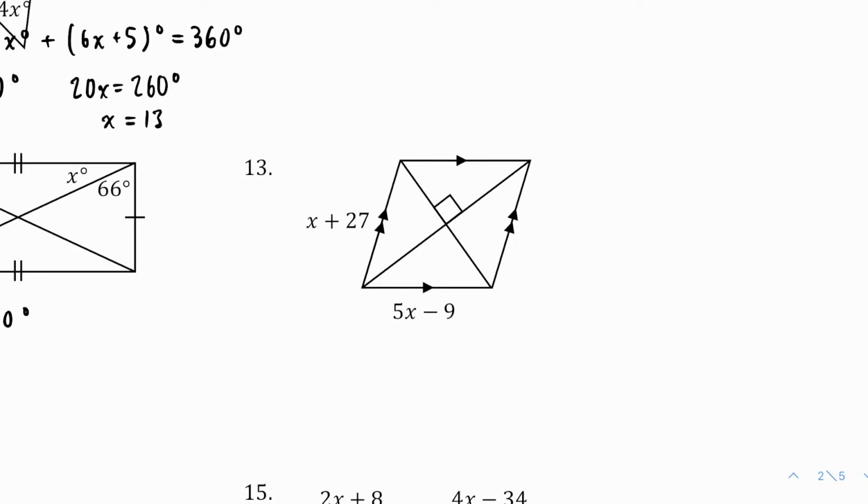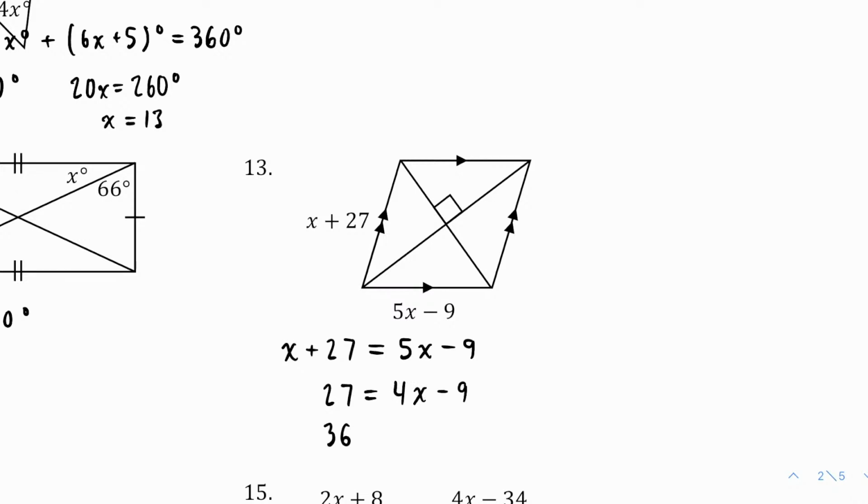And the other thing we know about a rhombus is that all four sides are congruent. So that means that x plus 27 equals 5x minus 9. So I'm going to subtract x from both sides. 27 equals 4x minus 9.